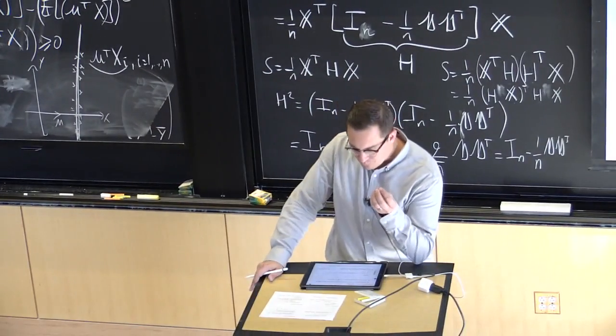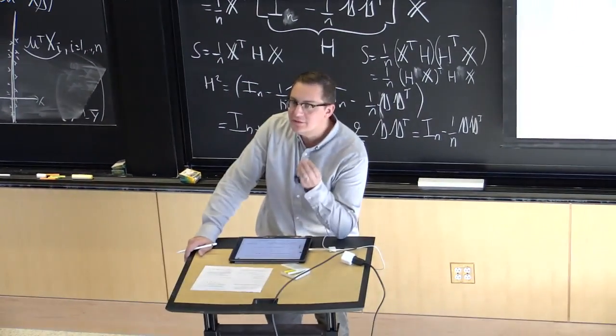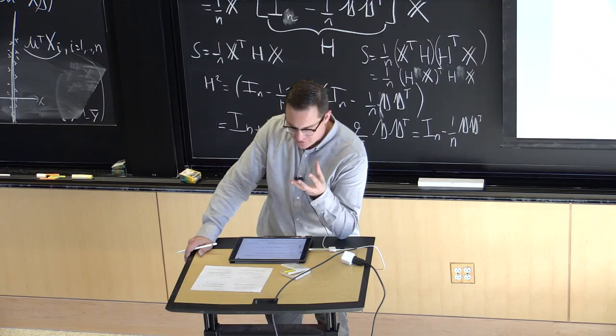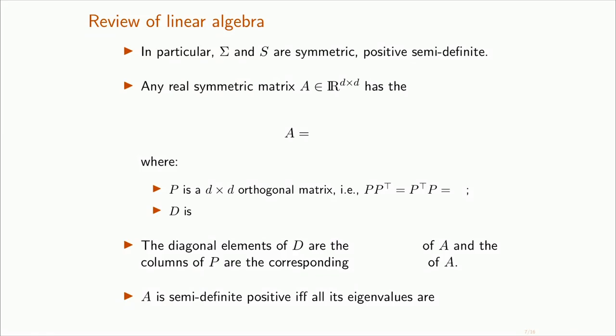So let's use only the fact that they're symmetric for now. If I give you a symmetric real-valued matrix A, d by d, then we know that A can be decomposed in many ways. You can look at any book on, say, numerical linear algebra, and you will find a million decompositions like Cholesky, QR, whatever you want. The one we're interested in here is the spectral decomposition.